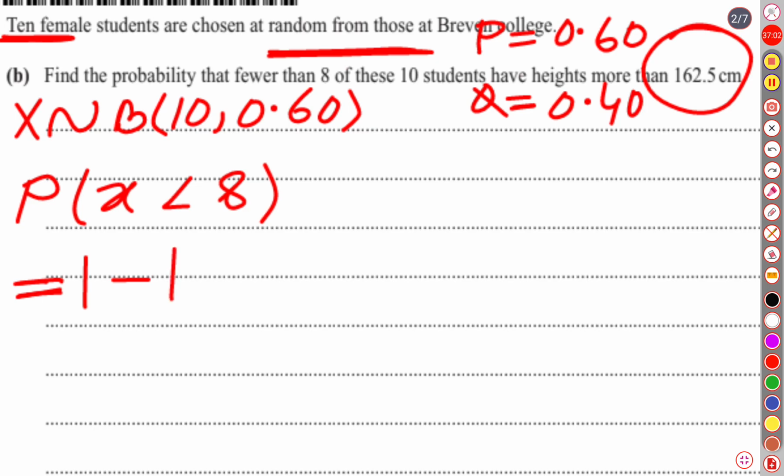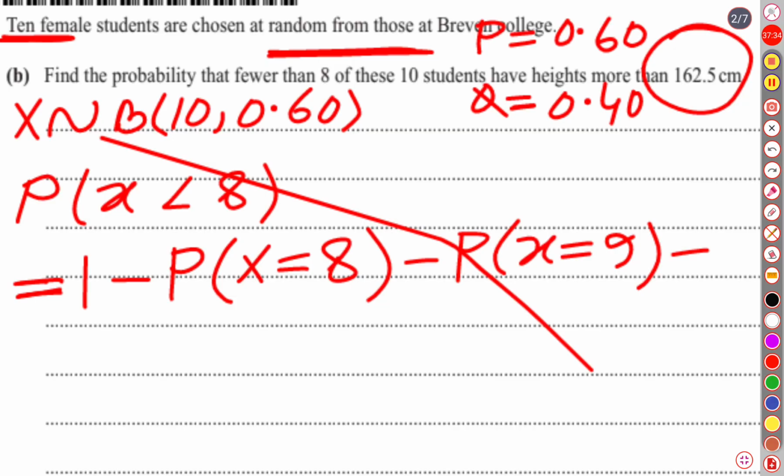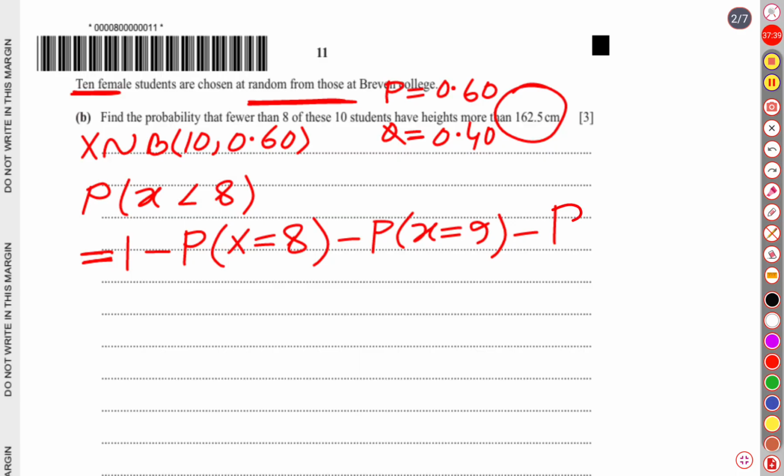That means if we subtract the probability of 3 students, like when the number of students is going to be 8, they have told us to find the probability of the first 7 students, and we are subtracting the probability of 8 students, 9 students, and 10 students.